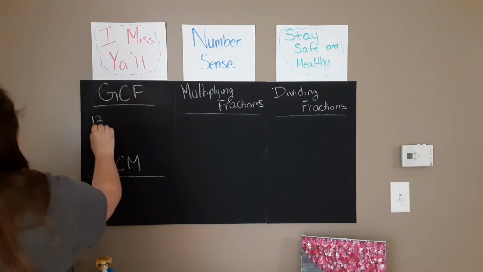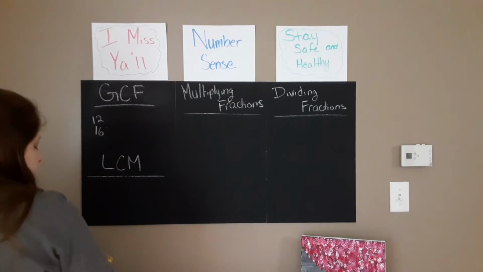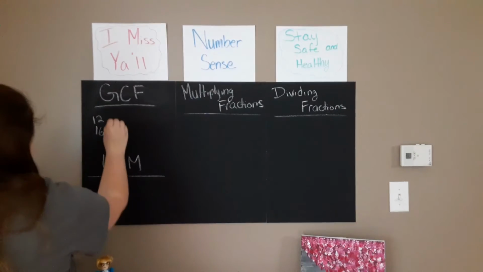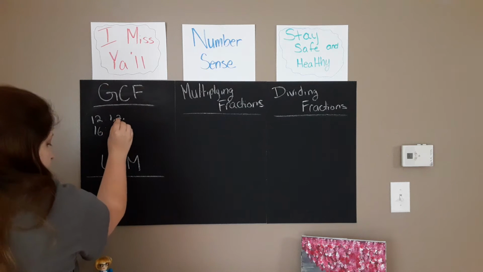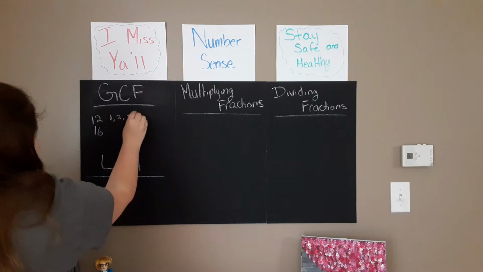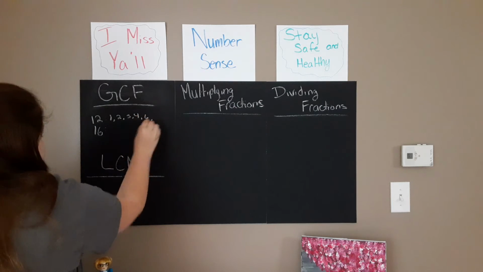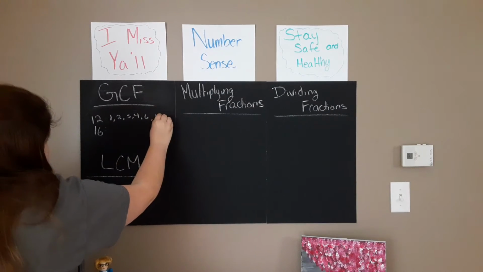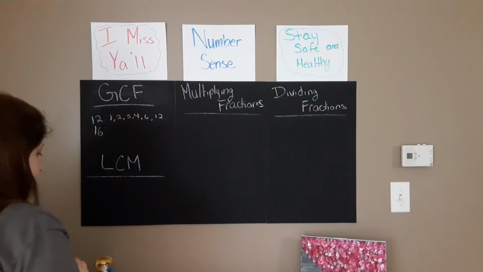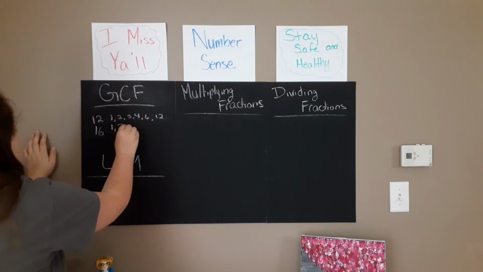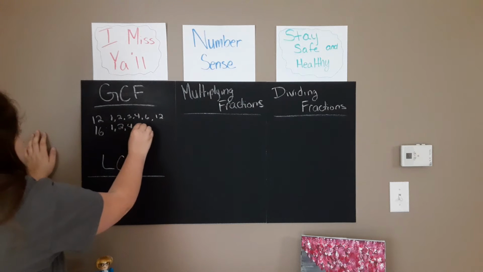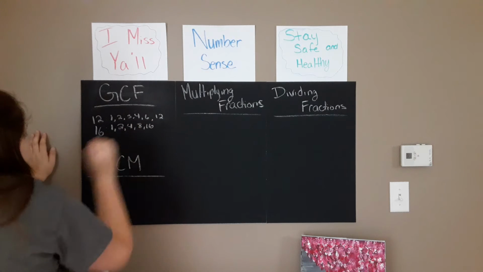So greatest common factor, if we're looking for the factors of 12 and 16, right? So the factors of 12 would be 1, 2, 3, 4, 6, and 12. Then the factors of 16 would be 1, 2, 4, 8, and 16, right?